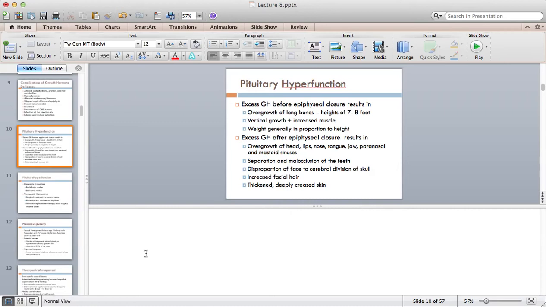So the other side of that hormone dysfunction would be the hyperfunction, when for some reason the growth hormone is in excess in the body. And you can see two characteristics here.